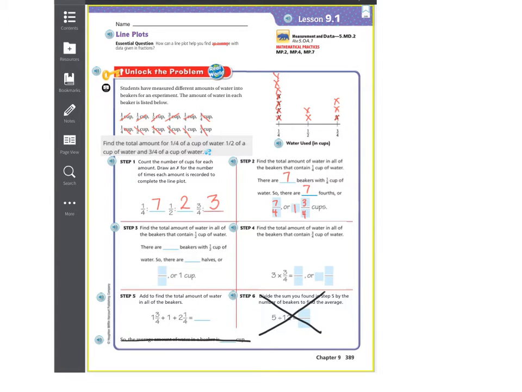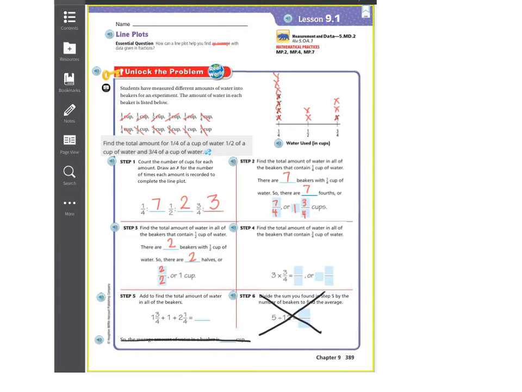Step 3, now we're going to find the total amount of water used in all the beakers that contain a 1/2 cup of water. So we see that there are 2 beakers with a 1/2 cup of water. So there are 2 halves, which is 2 halves, or 1 cup.